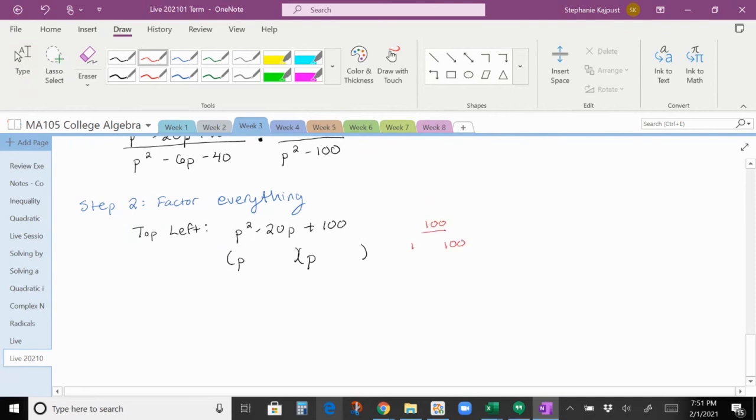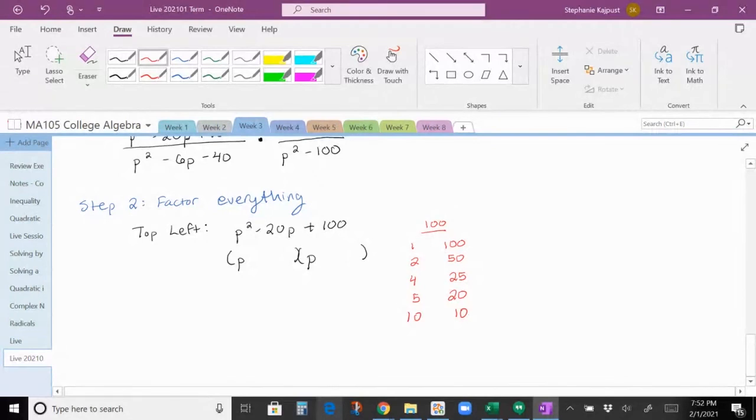That's 1 times 100, 2 times 50, 3 doesn't go into it, 4 times 25, 5 times 20, 6 doesn't go into it, 7, 8, 9, 10 times 10. That's as many as there are, because if I keep going up, I'm going to start backtracking into these numbers.